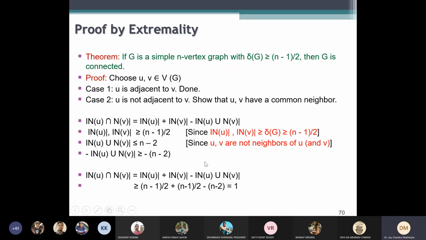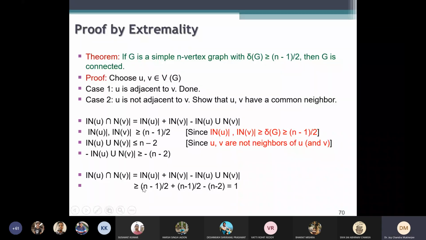Why is this true? The neighbor set of u does not contain v, and the neighbor set of v does not contain u. So what is the maximum number of neighbors? In the total set, u is not there and v is not there. If I remove u and v, the maximum number of neighbors can be n minus 2. So |N(u) union N(v)| is at most n minus 2. So minus |N(u) union N(v)| is greater than or equal to minus (n minus 2). It's simple mathematics.